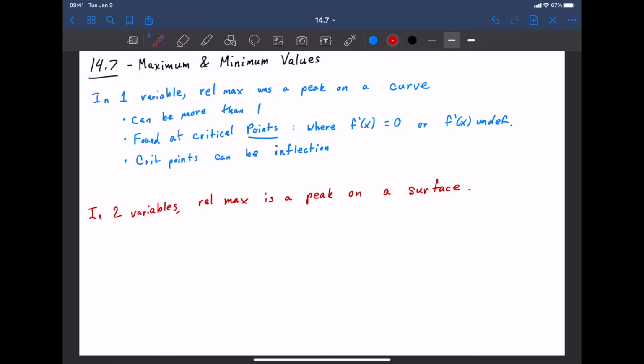We can still have more than one. I mean, we can also have less than one. There are functions that have no relative maxes in both one variable and two variables. So there can be more than one, there can be less than one. We're going to find them at critical points.